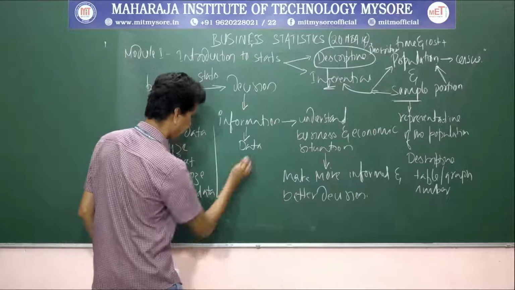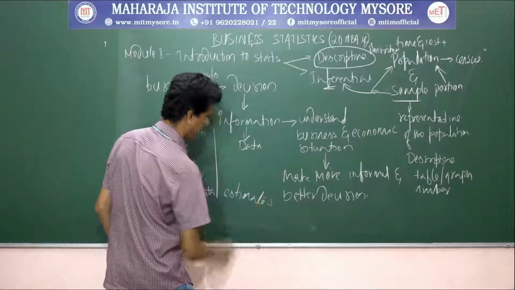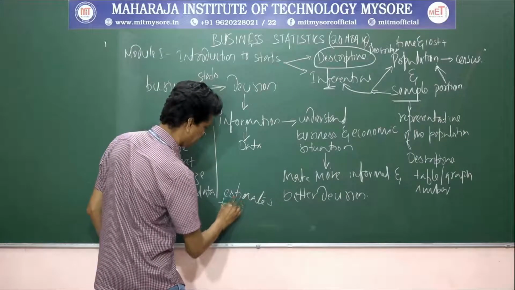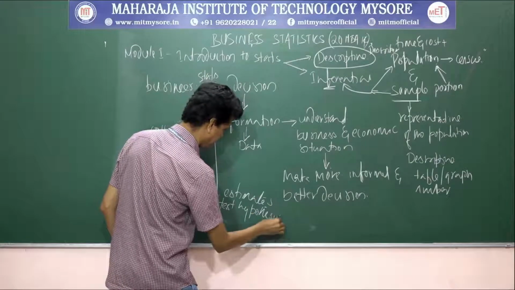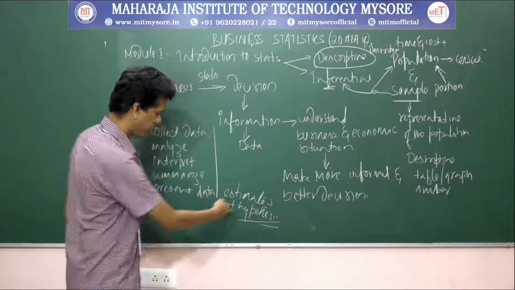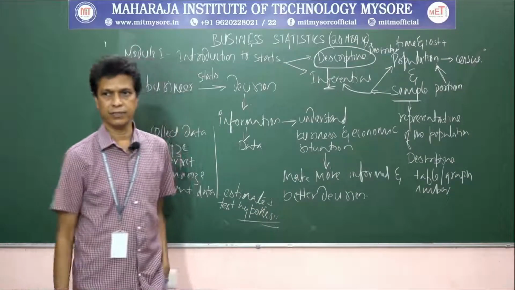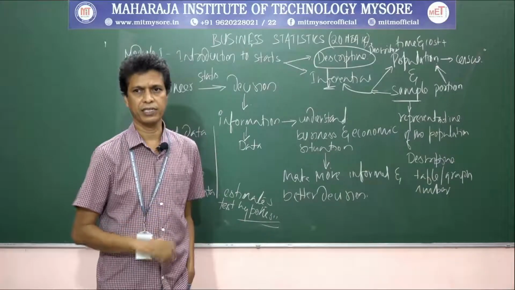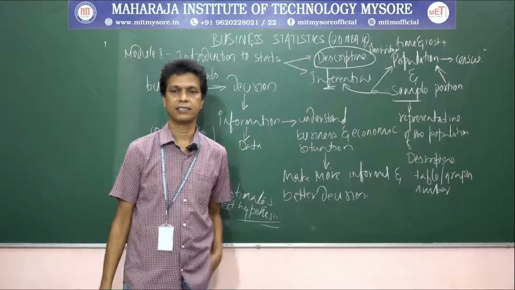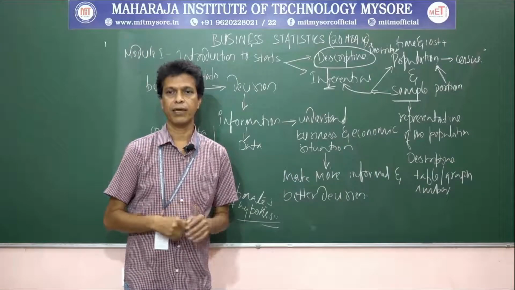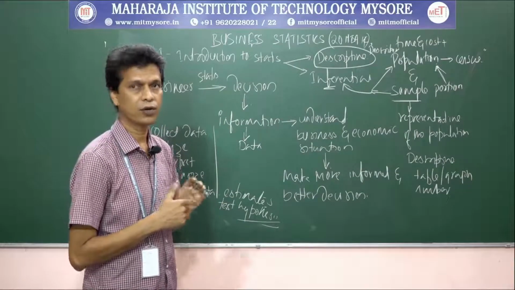To make some estimates or to test some hypotheses. These hypotheses you are going to study in the 5th module. Testing hypotheses about the characteristics of a population through a sample is referred to as inferential statistics. The data gathered from the sample are used to infer something about the larger group.